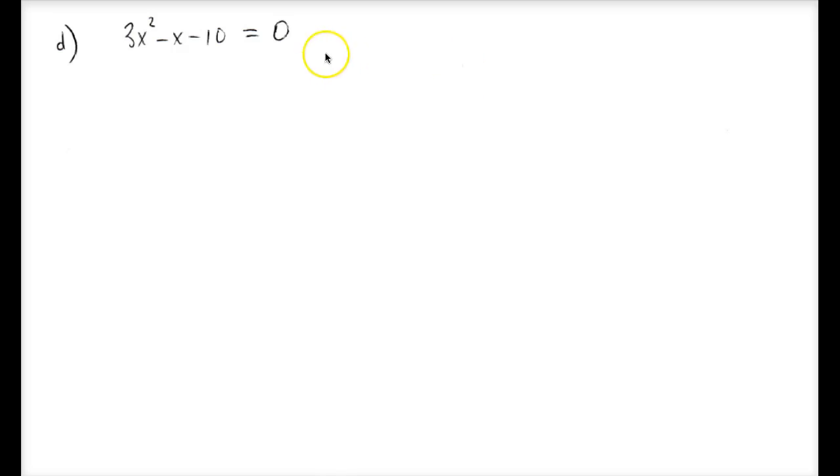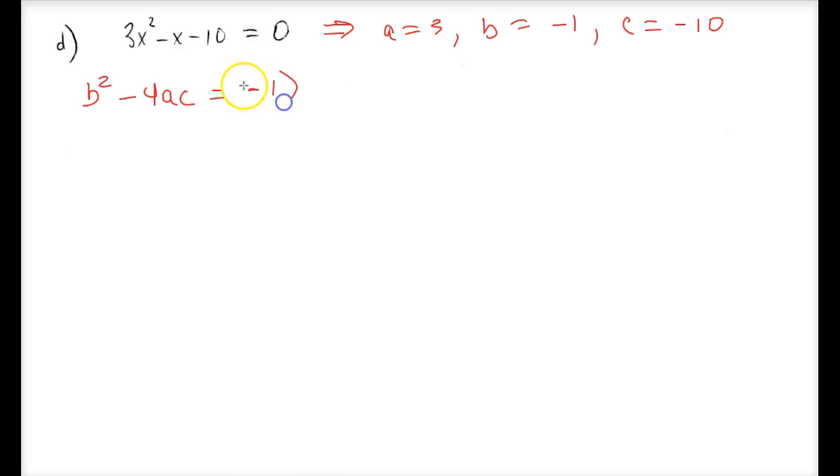For our last example, we see that this is already in the form we need to use the quadratic formula directly. So we know that a is 3, b is negative 1, and c is negative 10. If we calculate our discriminant, that would be negative 1 squared minus 4 times 3 times negative 10.